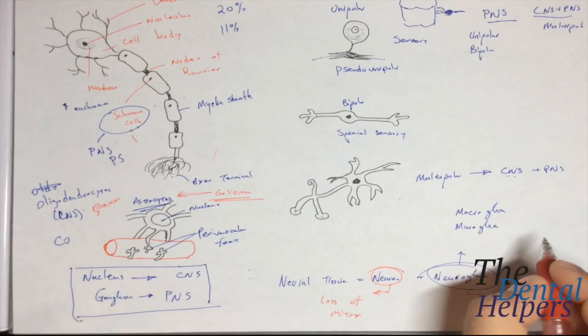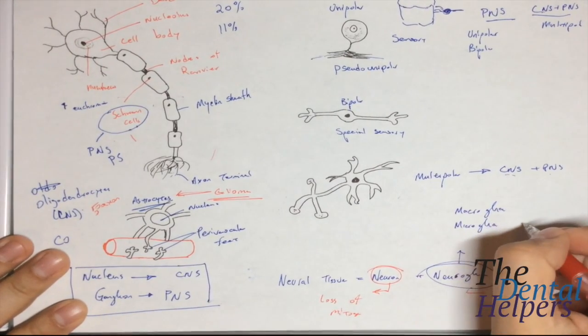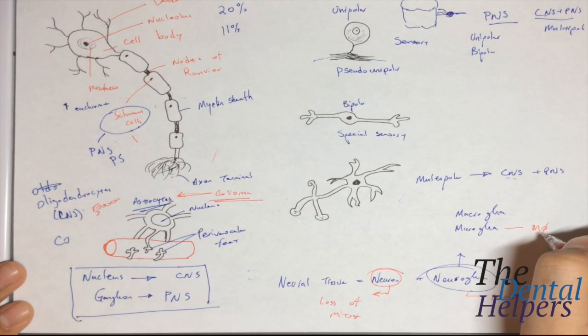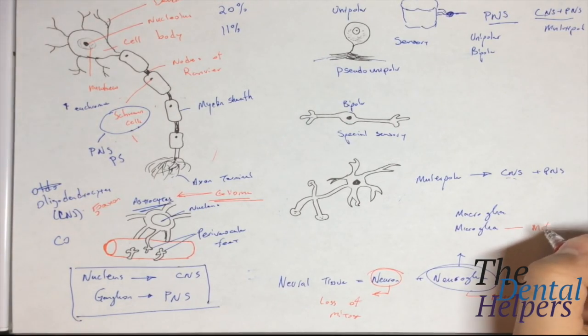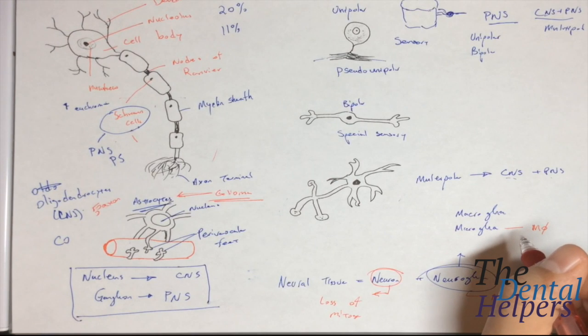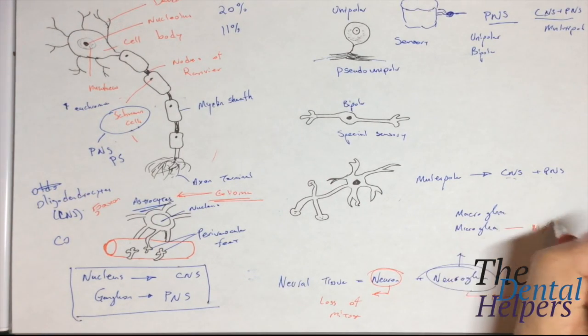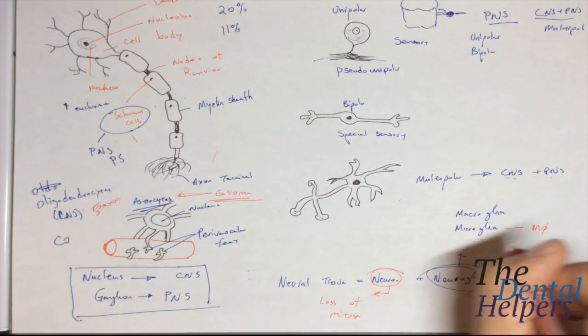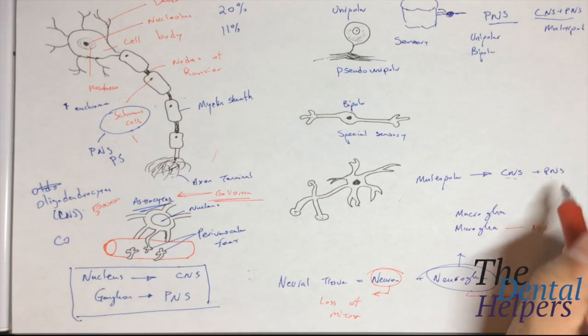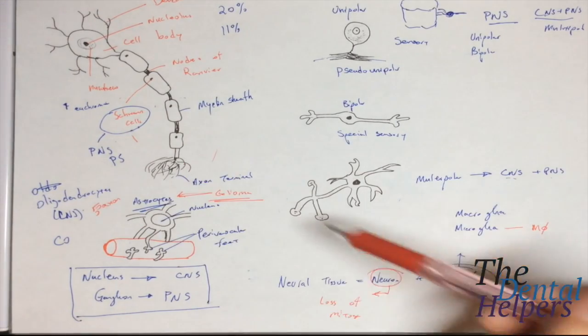And lastly, we have the microglia. And the microglia are the macrophages. These are going to be what basically are going to protect the brain from any viruses, bacteria, or toxins. And if we were to have some sort of deficiency or problems with the microglia, this could potentially lead to Alzheimer's or Parkinson's.